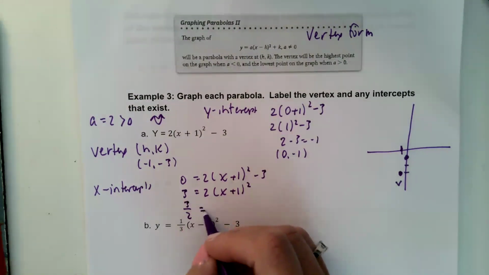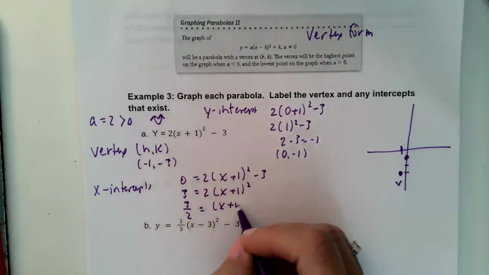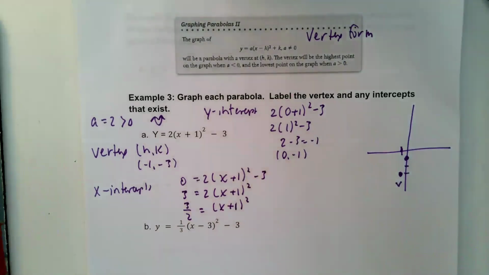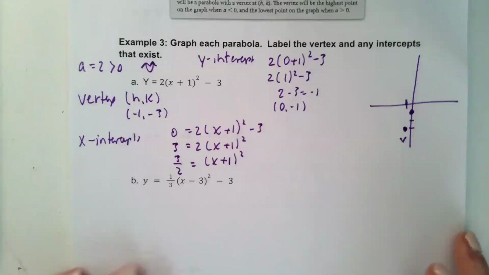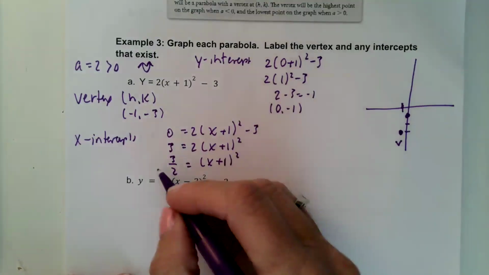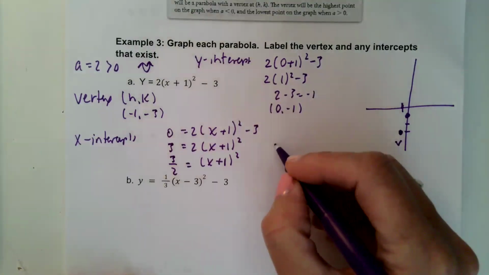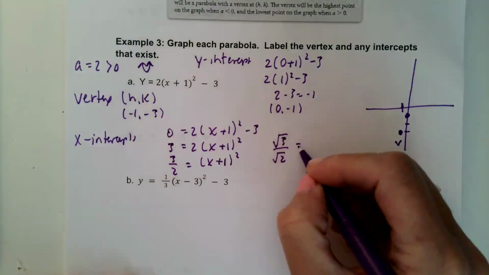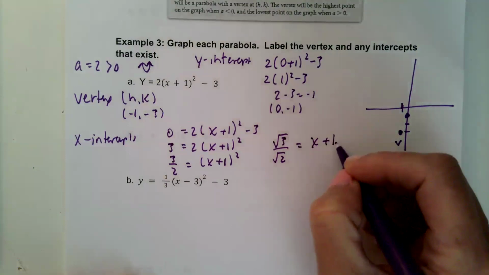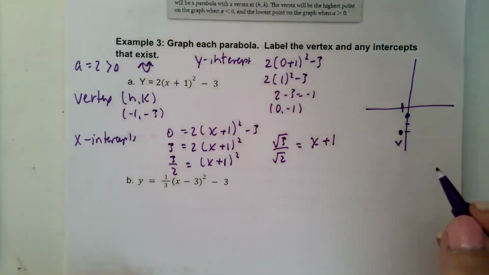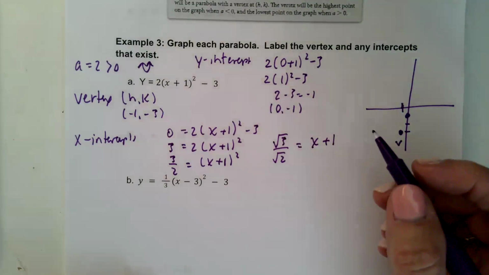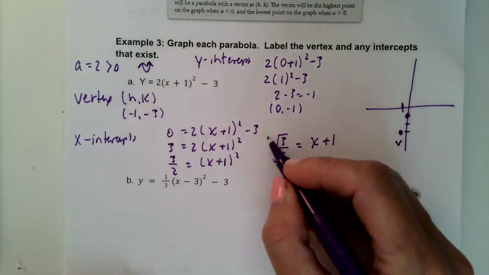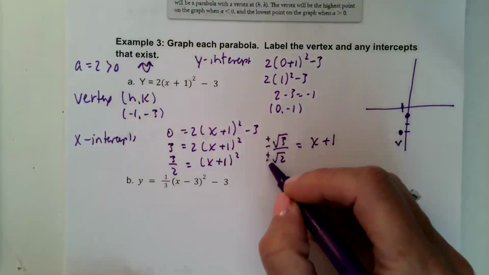So 3/2 equals x plus 1 squared. And then we would take the square root of both sides. So this will be the square root of 3 over the square root of 2 equals x plus 1. Plus or minus.